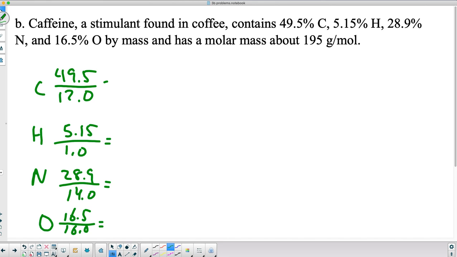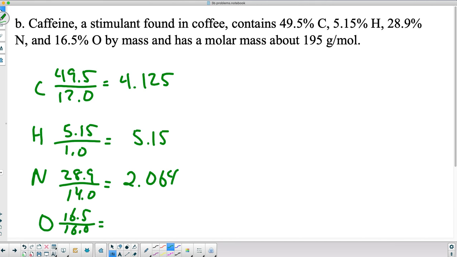So when I go through all of these, my first division is by atomic mass. 49.5 divided by 12, I get 4.125. I get 5.15. 28.9 divided by 14 is 2.064.